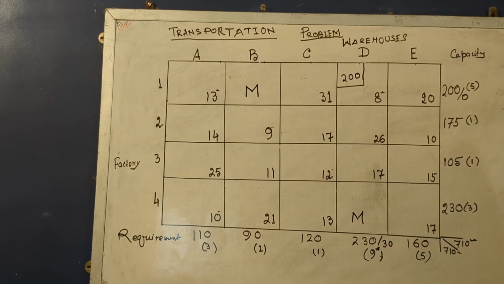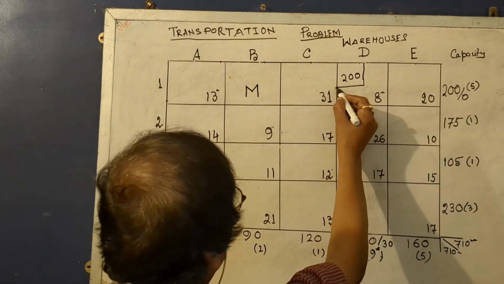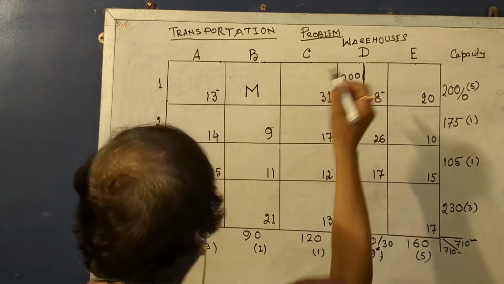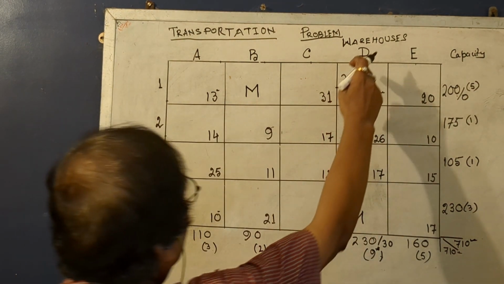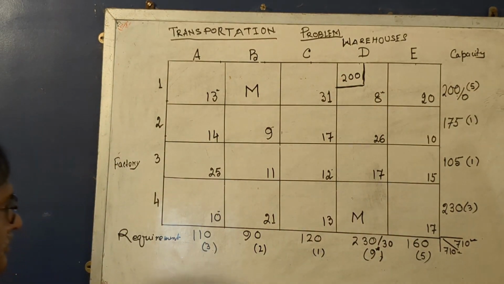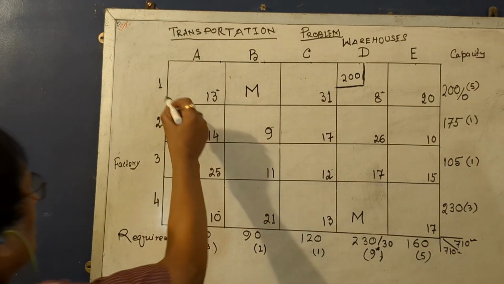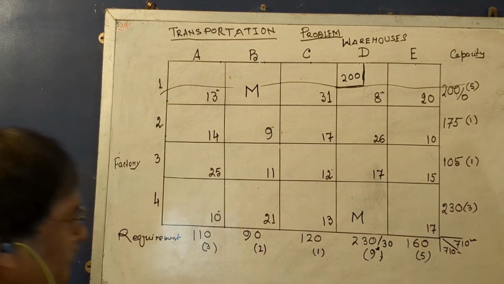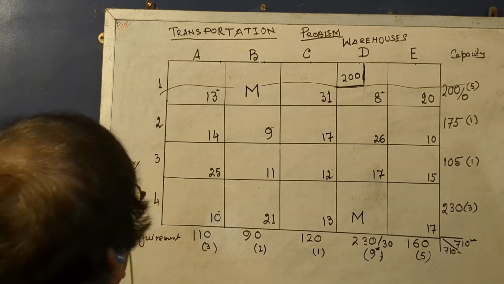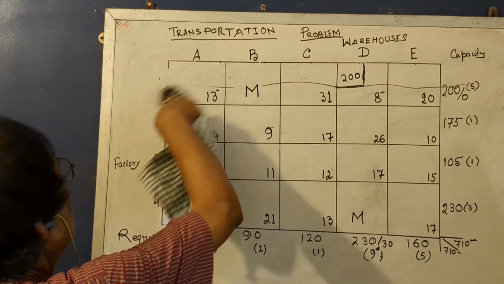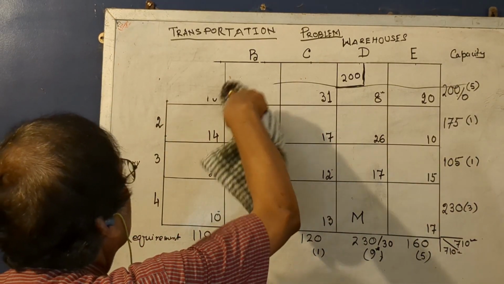Okay. Now just note it down here. This is the first allocation. So first allocation is from source 1, where you have to ship 200 units. Now next, as the requirement of this has been completed, filled, so you can remove this row. You can remove this row, and that's why just revising on the same table I am doing it for getting the space.